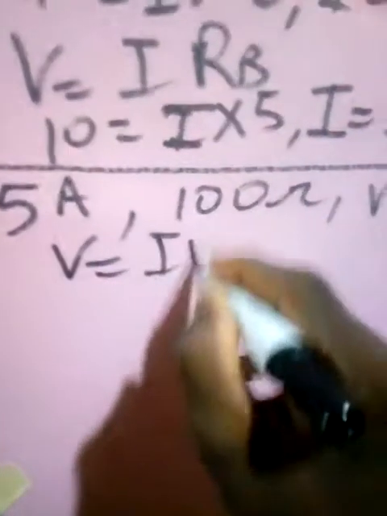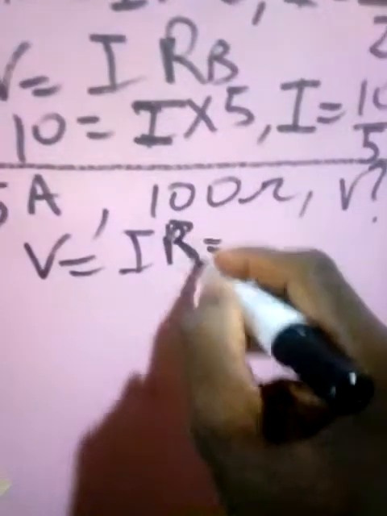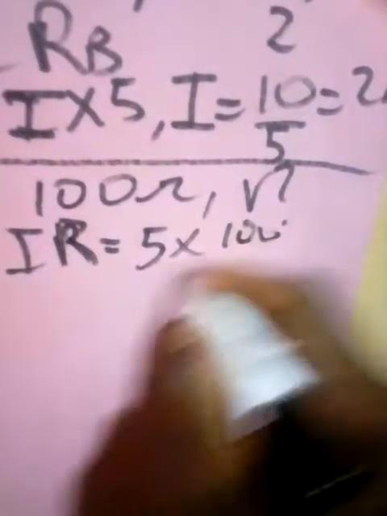A battery has a current of 5 amps, and let's say the resistance in the circuit is 100 ohms. Find the voltage. We do not know the voltage, but to find it, V will be equal to IR, which is our I of 5 times our R of 100. This is 500 volts.